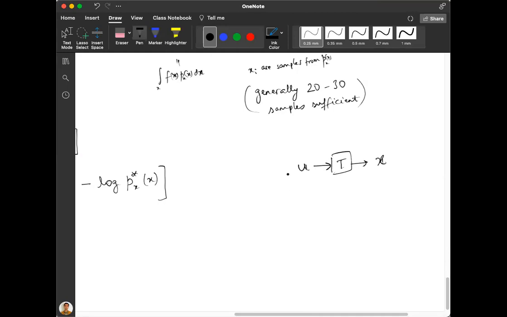So what I'm doing is, I want to proceed in this way: I compute the samples from U and then propagate them in the forward direction to compute X, right? X is equal to T of U. And then I compute P star X, and then I plug all those values into this loss function.